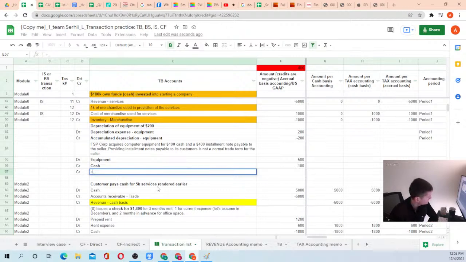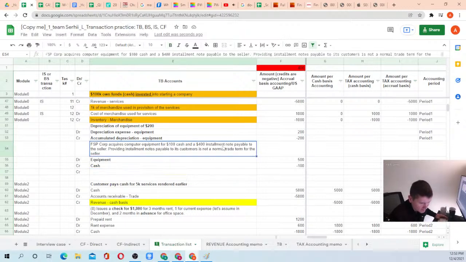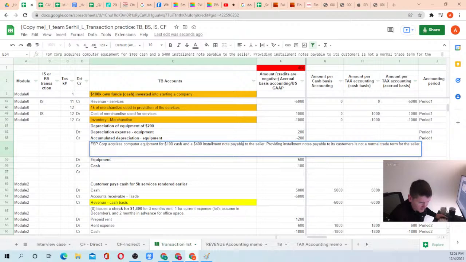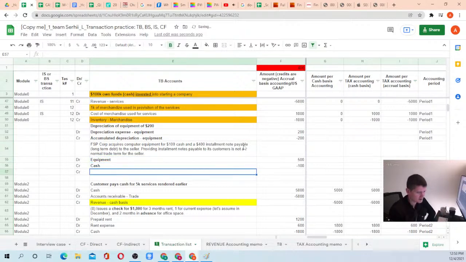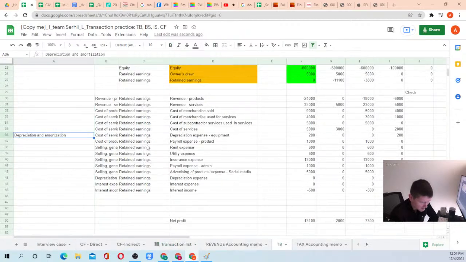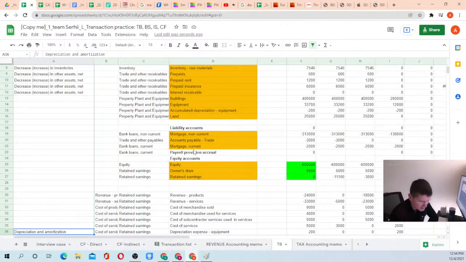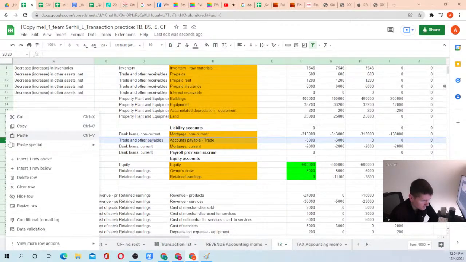No, there is an issue why we cannot use trade payable. Let's just make sure. We say that this is a long-term debt. Let's go to trial balance. Do we have any long-term debt here? Mortgage.